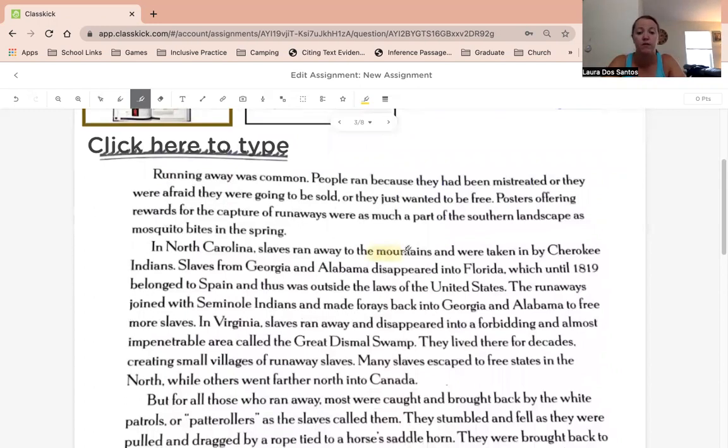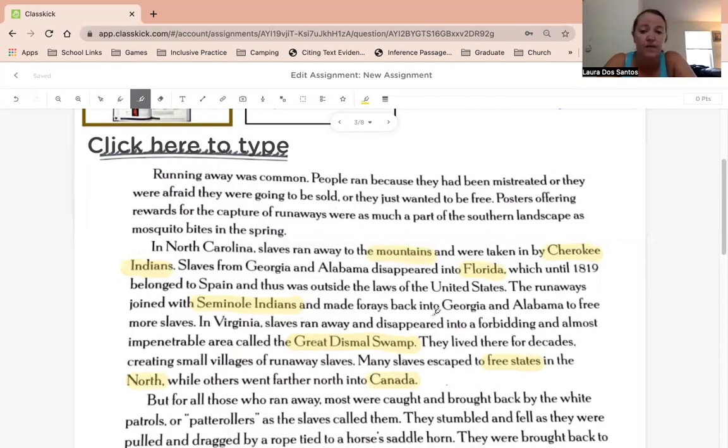They ran away to the mountains, the Cherokee Indians. They disappeared into Florida. The runaways joined with Seminole Indians. Also a swamp. They ran to a swamp. They escaped to free states in the north. This went into Canada.